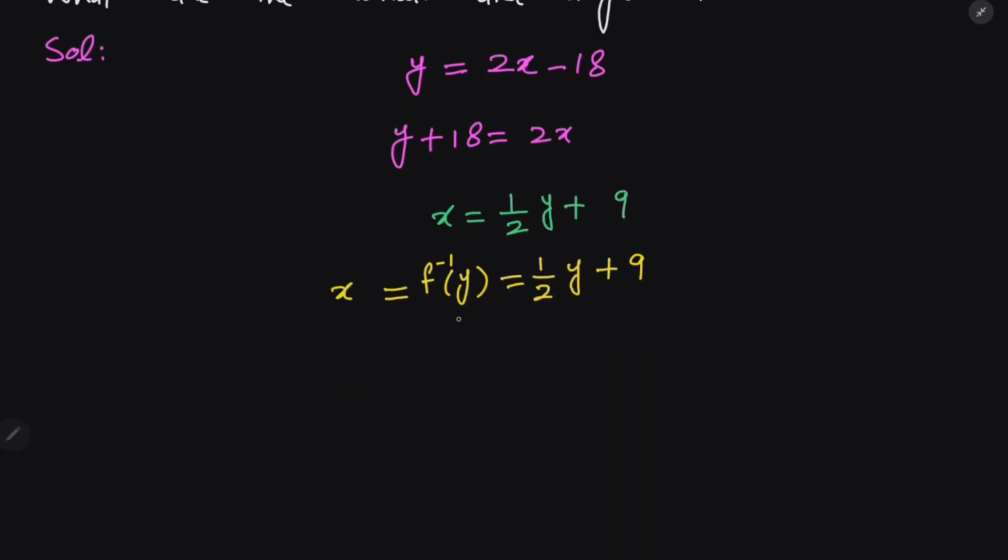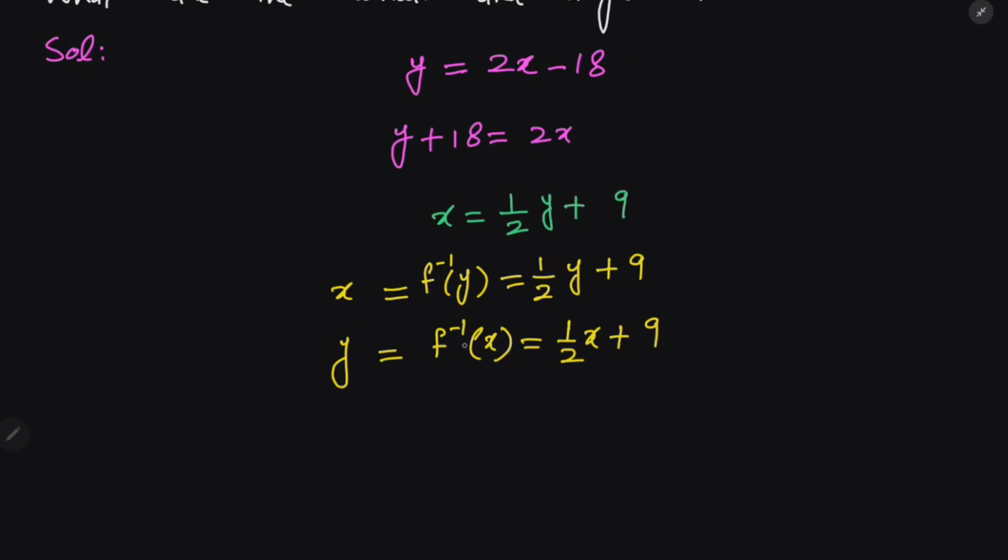So we replace this y with x, and replace this x with y. So this is just a convenience. y is equal to f inverse of x is equal to 1 over 2 x plus 9. So this is the actual inverse function we have. I will draw that function for you.